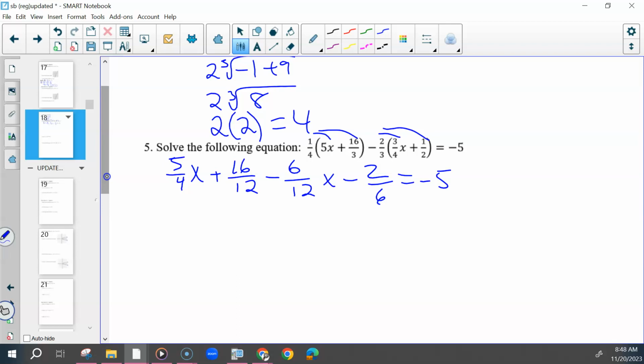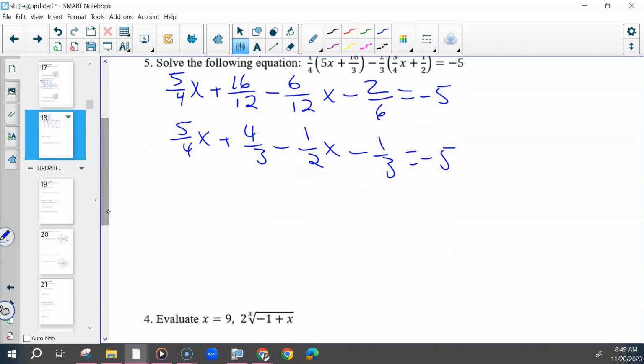And then when you simplify, or if you jump straight into simplification, 5/4 x plus 4/3 minus 1/2 x minus 1/3 equals -5. You could have either combined these in your calculator or by hand. But if we combine these two, this will become 2/4.